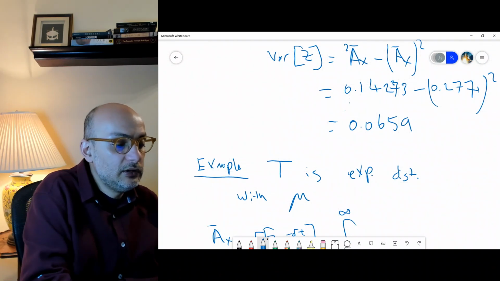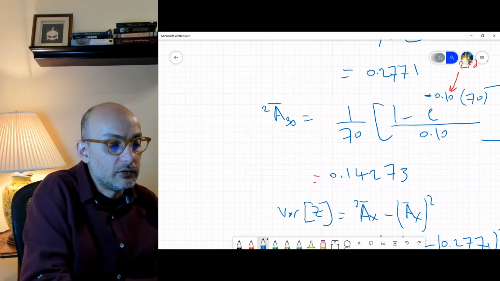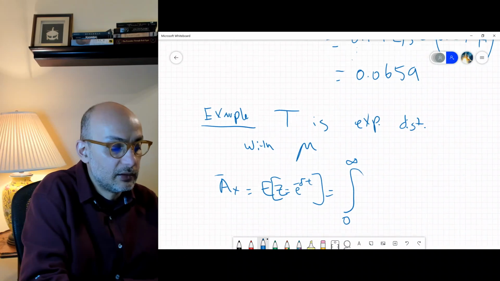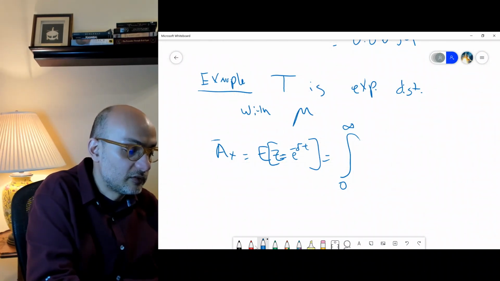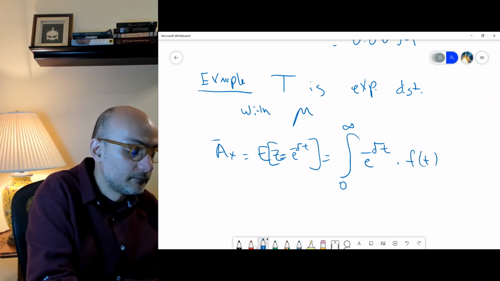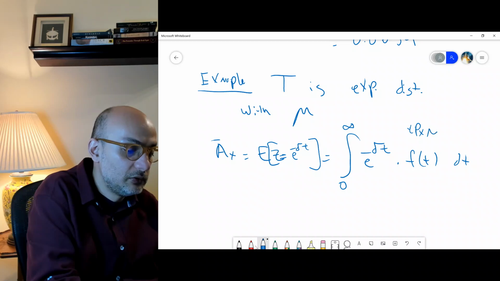But in uniform distribution, you have omega, you have a limit. Here we don't have a limit. From 0 to infinity, you take the payment here, which is e to the minus delta t, and multiply it by f of t dt, or this is t p x mu x, right?